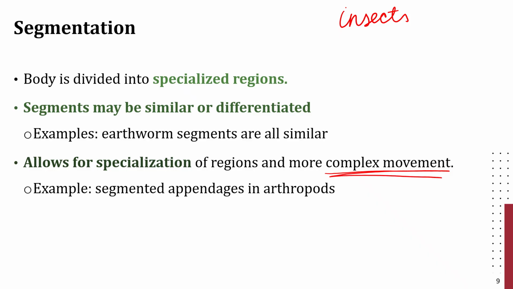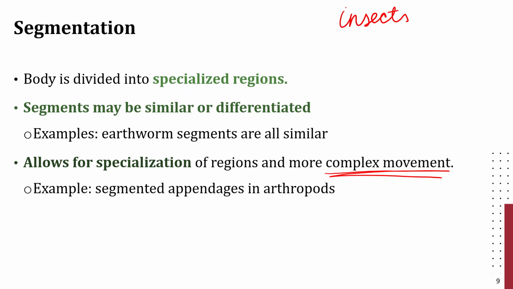So this allows for some more specialized structures for locomotion. So we start to see appendages, we start to see segmented legs, we start to see things like antennas. We also might have repeated organs in some of our segments depending on the organism. This is going to be useful in case a region gets hurt, damaged, something like that.